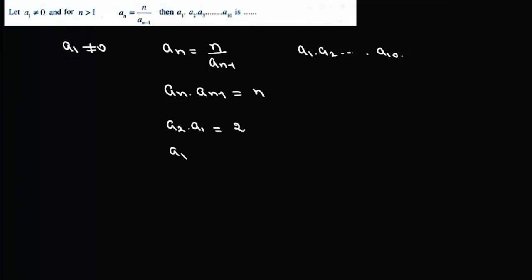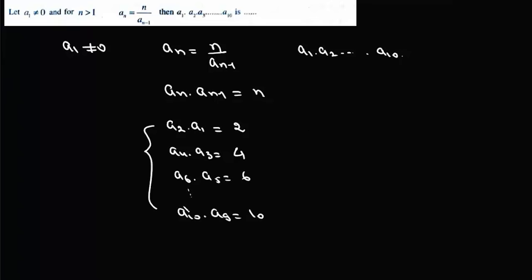If we put n as 4, we'll write a4 into a3 will be equal to 4. In the same way, a6 into a5, this is 6. And in the end, we'll have a10 into a9 and will be equal to 10.